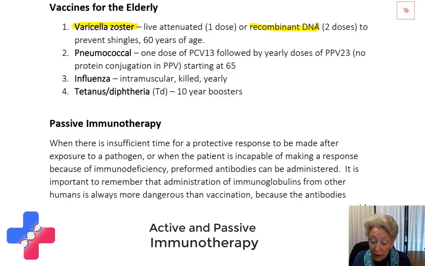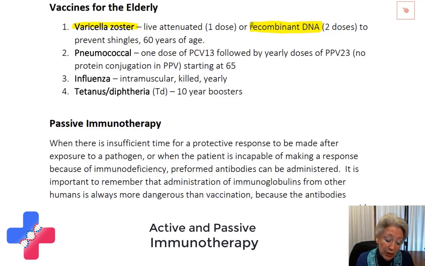They are currently recommending the recombinant DNA one, although as an immunologist, I have to tell you that I would make the argument that in a healthy, normal, well individual, it would be the live attenuated one which would turn on the better immune response.